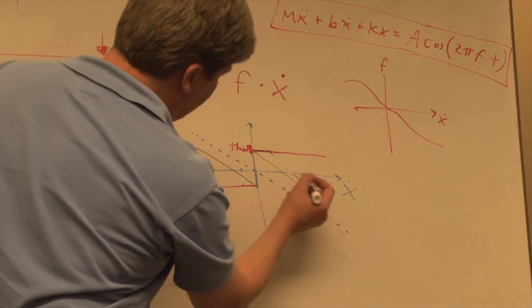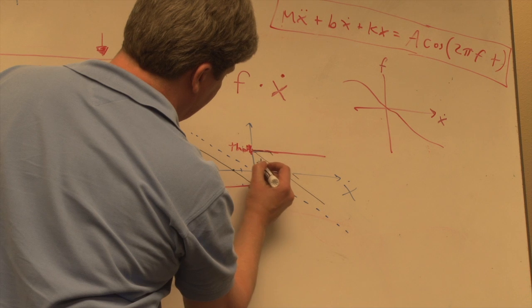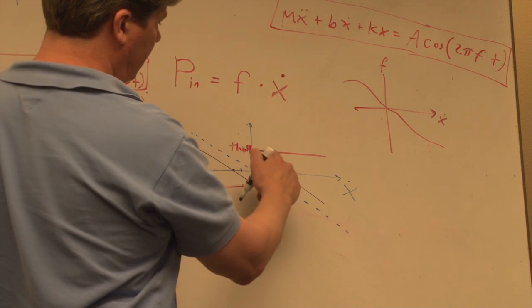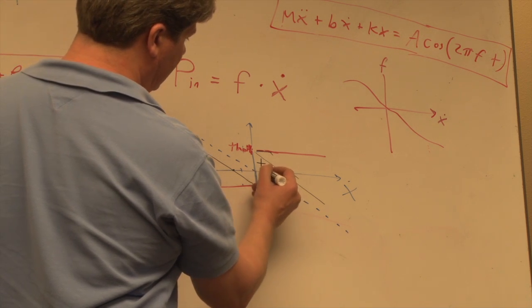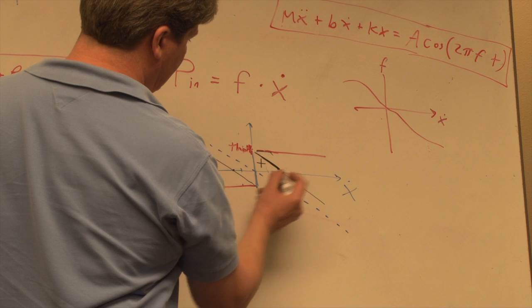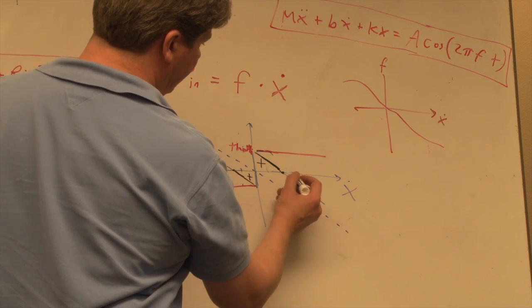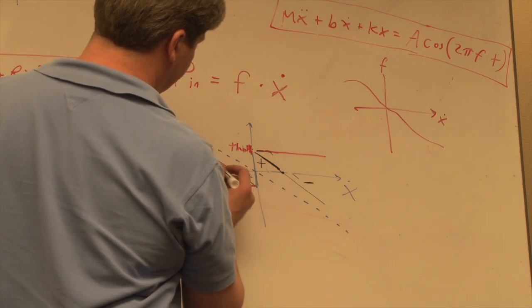So you see for x dot between here and here, overall you're doing your drive minus the damping. Your drive's doing positive work, the damping's doing negative work. From here to here, the net effect is positive energy, and outside of here is negative energy.